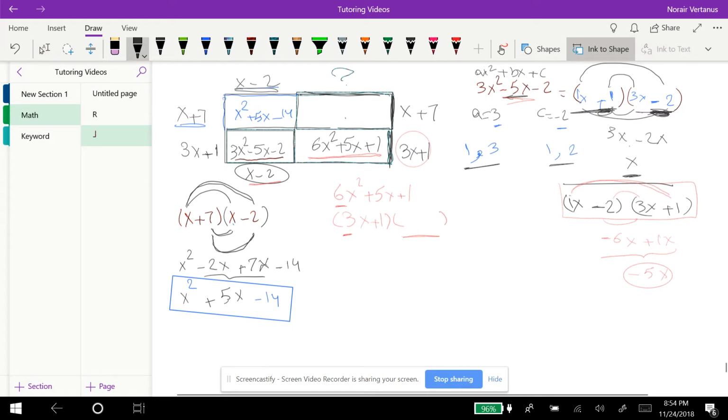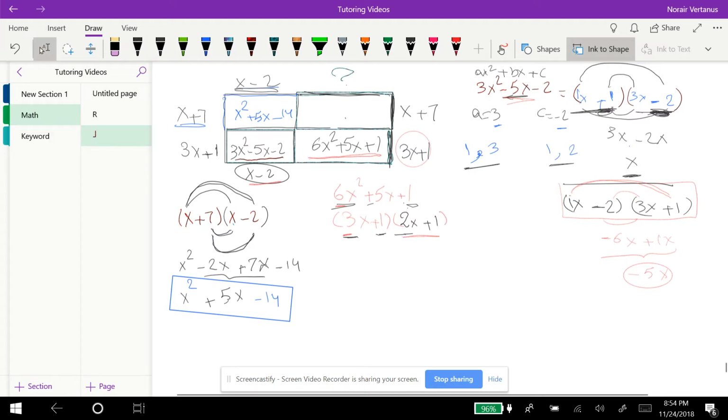So let's use a different color for the one that we want to figure out. So that should be 2x, right? Because 3x times 2x, you get 6x squared. Now what two numbers multiply to get 1? This is 1, and that's positive, and this is positive, therefore this also should be 1. You multiply, get that.